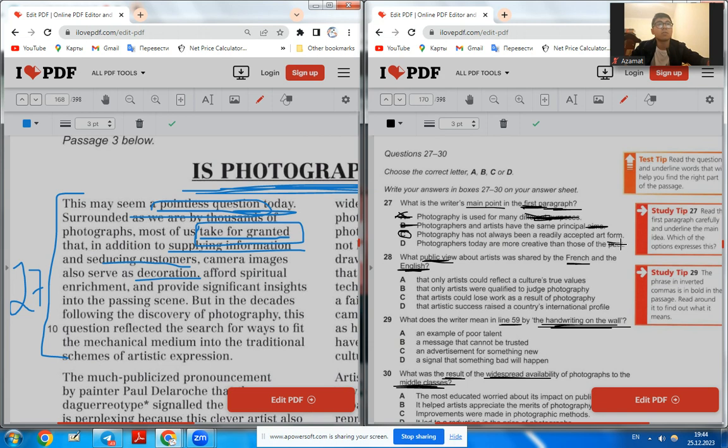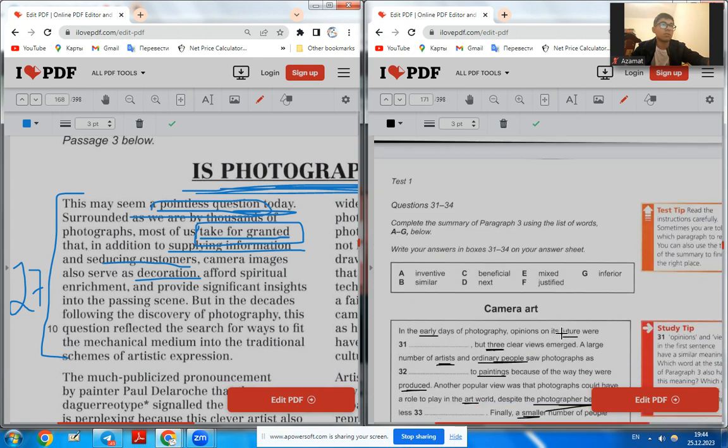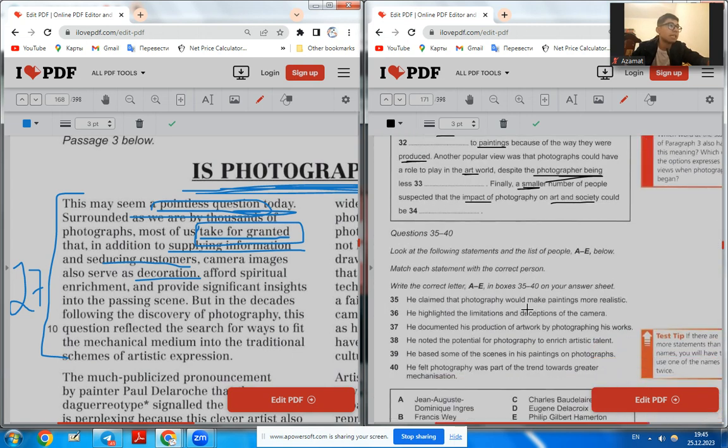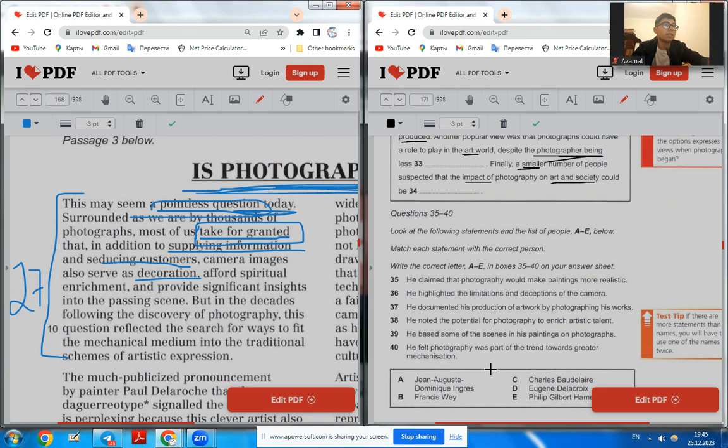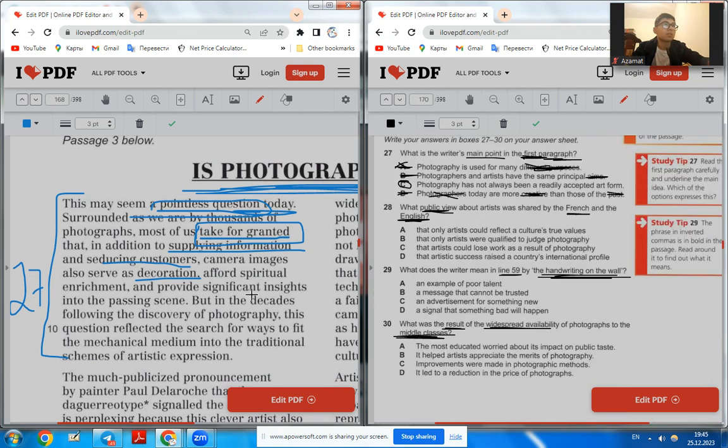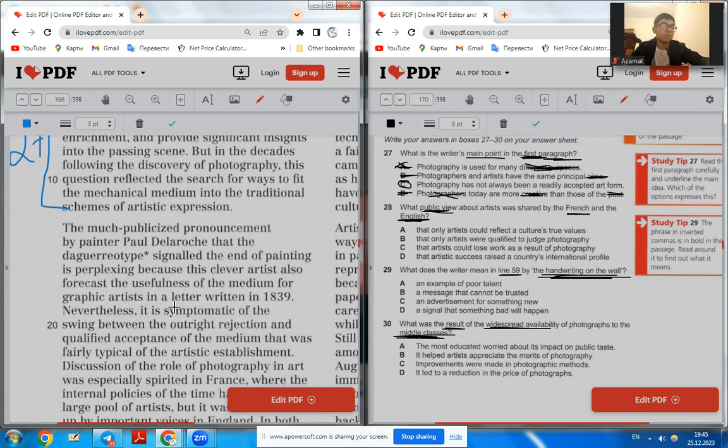There is no comparison of photographers today and photographers in the past, and whether they are more creative or not. There is nothing about photographers. Okay, we haven't talked about the future. We haven't yet read these names. So let's continue reading the passage.